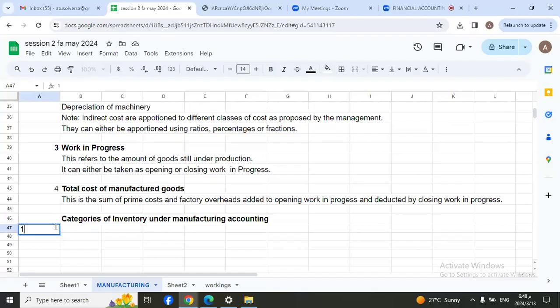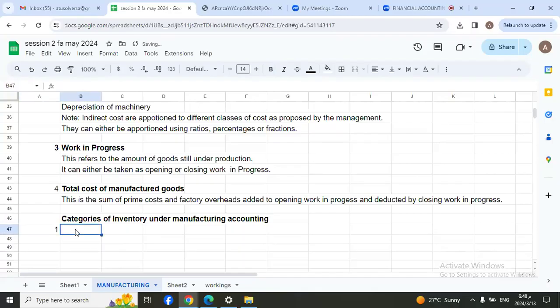So one is going to be opening inventory of materials.